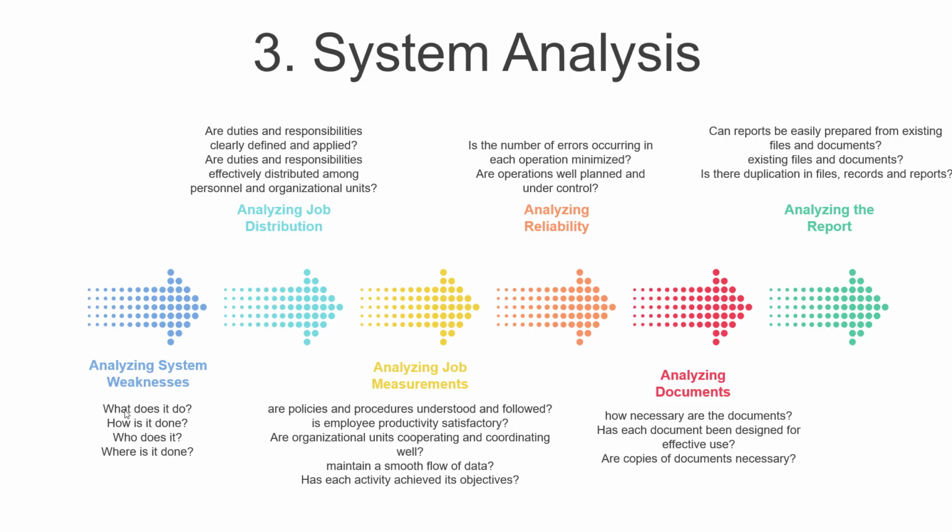Maybe they don't have time to cooperate, and maybe we can solve the problem with the system too, and maintain a smooth flow of data. And has each activity achieved its objectives?